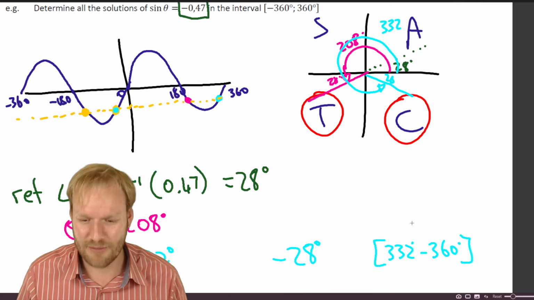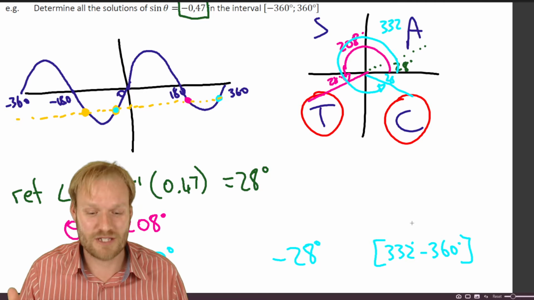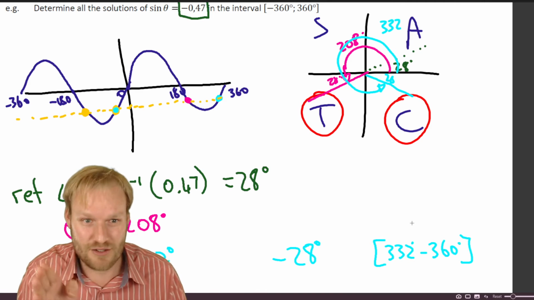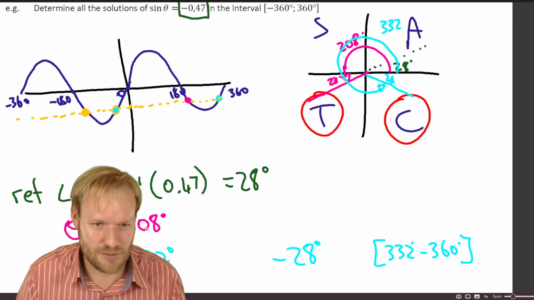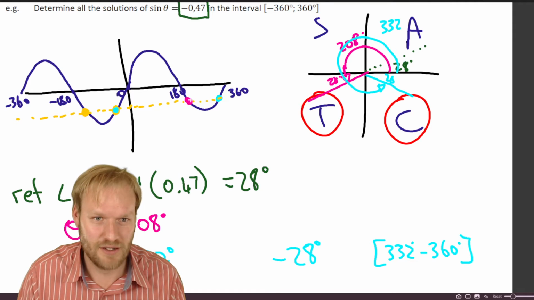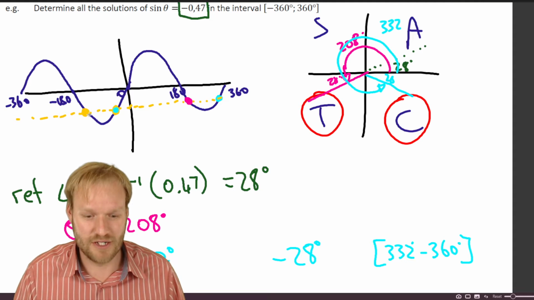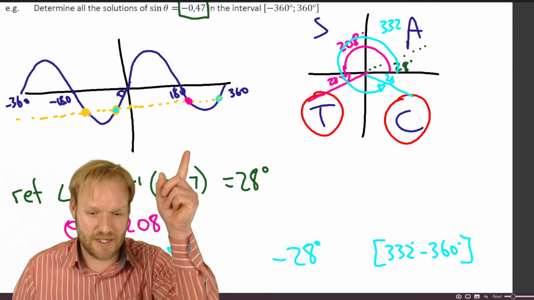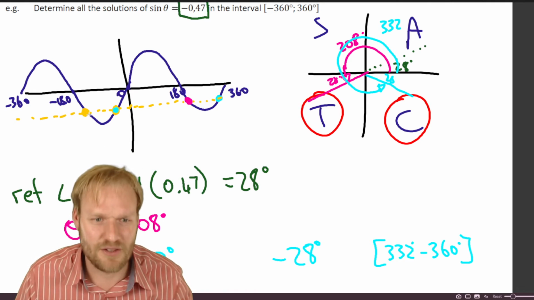That's happening all behind me, but somewhere in that direction. 332, if we just subtracted 360, we'd be at another solution. Now let's look at this pink option here, 208, that was over here. If we subtracted 360 degrees, we'd be at another solution.